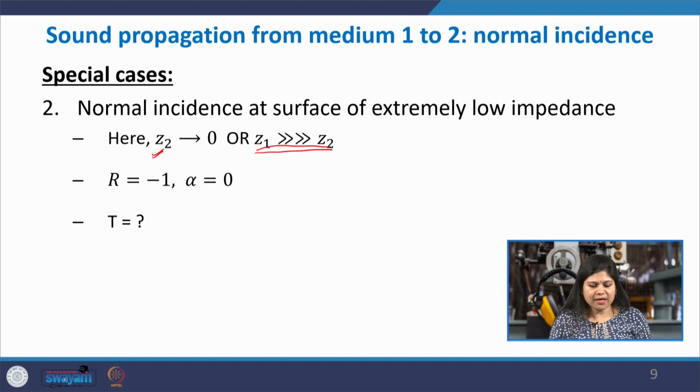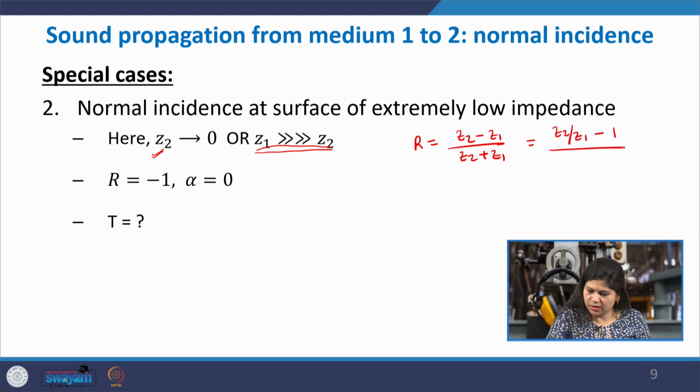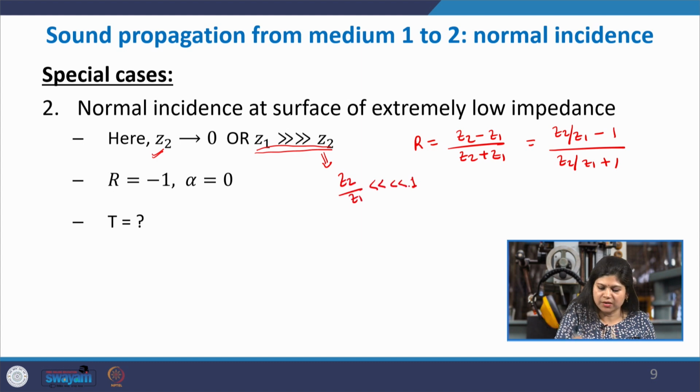In both these cases, if you solve for R, which is Z2 minus Z1 by Z2 plus Z1, it becomes Z2 by Z1 minus 1 divided by Z2 by Z1 plus 1. Since Z1 is much higher in magnitude compared to Z2, Z2 by Z1 is much lower in magnitude than 1.